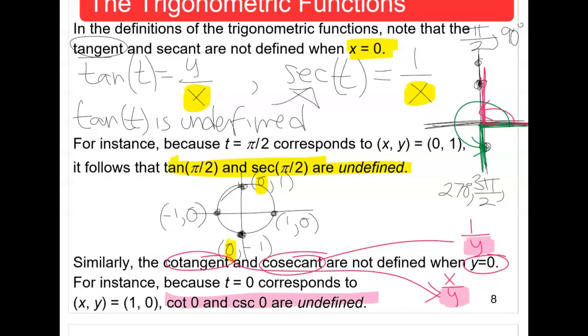So that will happen here and here. And just to refresh our memory, that could be at 0 radians or 0 degrees, and also at 2 pi radians or 360 degrees. And it could also happen if we go from here to here, and that will be pi radians or 180 degrees.